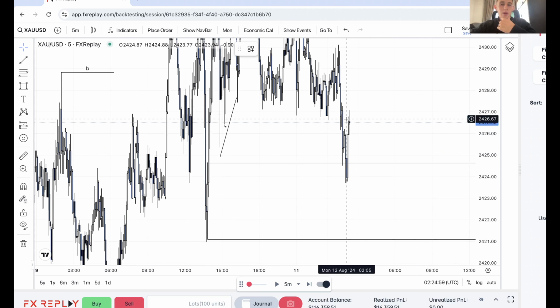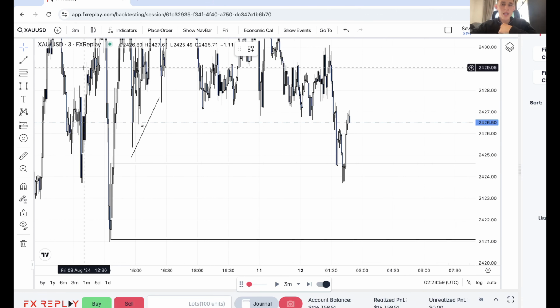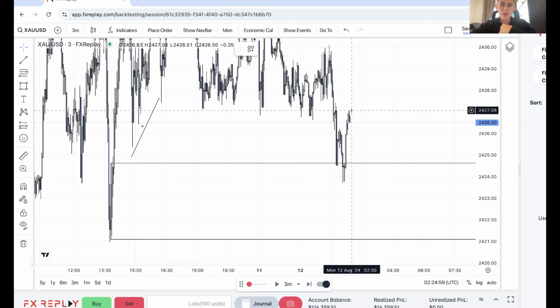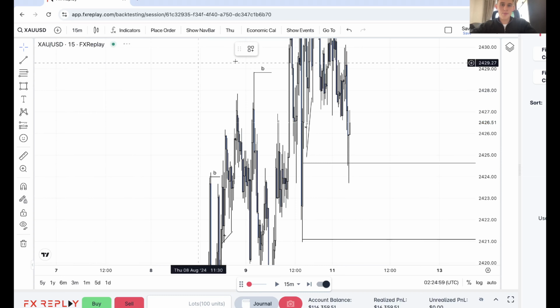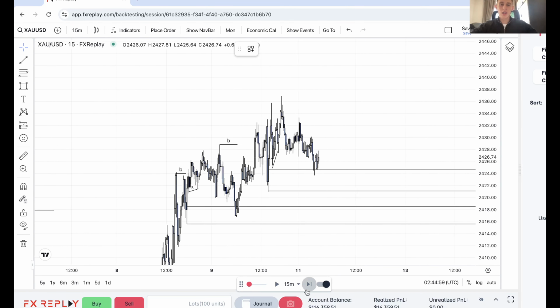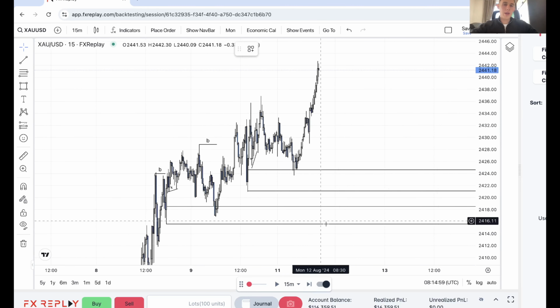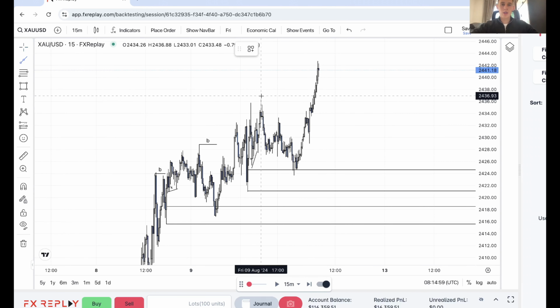Yeah, you could sort of force it a little bit and say this was a break of structure, we can retest and then look to buy, but that's not something I would take. And to be honest, this is quite range bound price action, so I'm just going to let it play out. There we go. So that was a good zone, but not something I would personally take, to be honest.